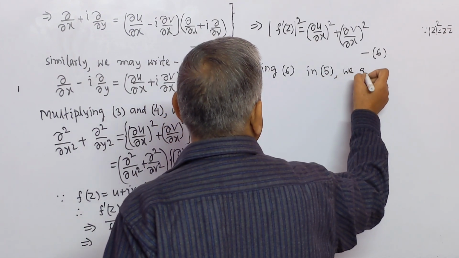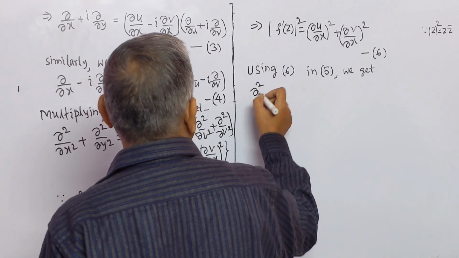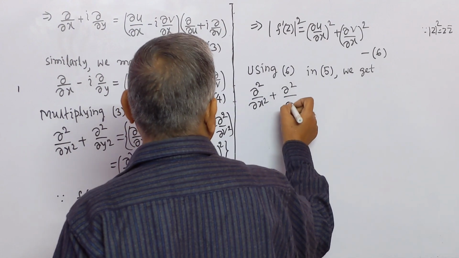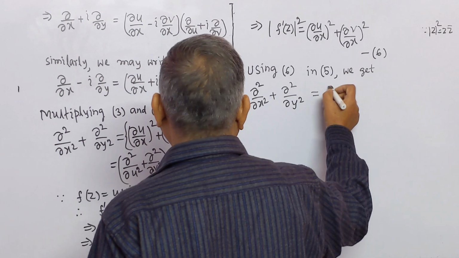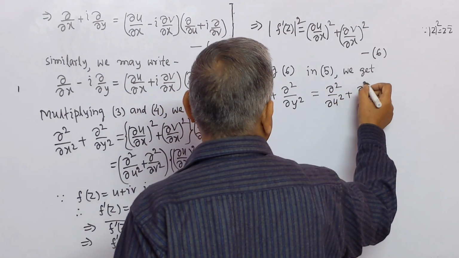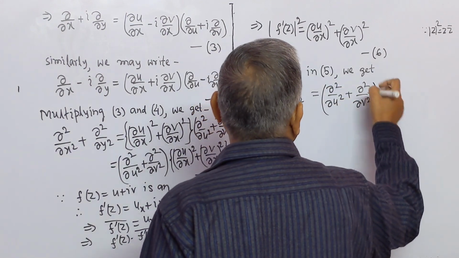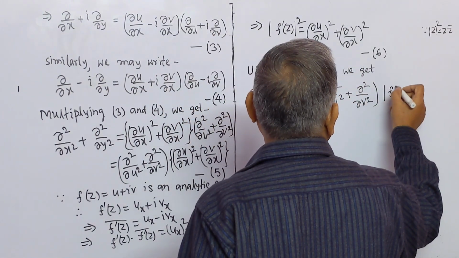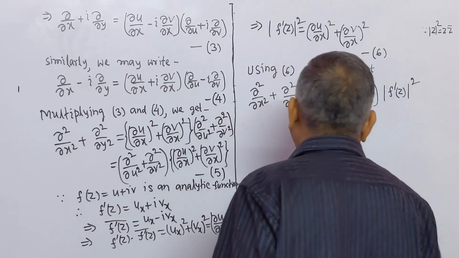Using 6 in 5, we get left side del 2 by del x square plus del 2 by del y square, right side del 2 by del u square plus del 2 by del v square, and value of this is modulus of f dash z whole square.